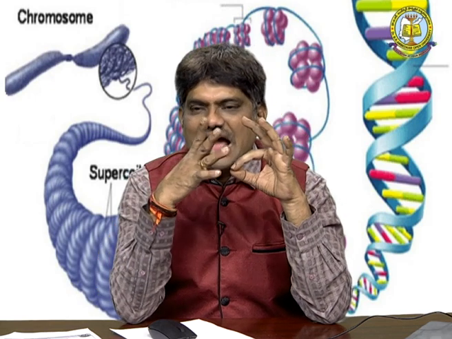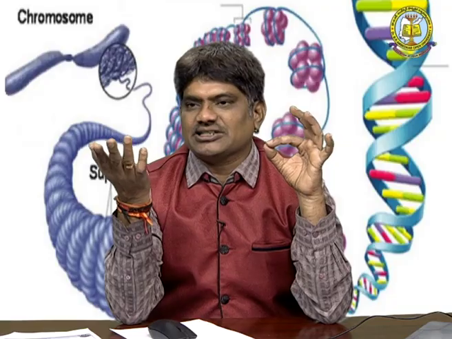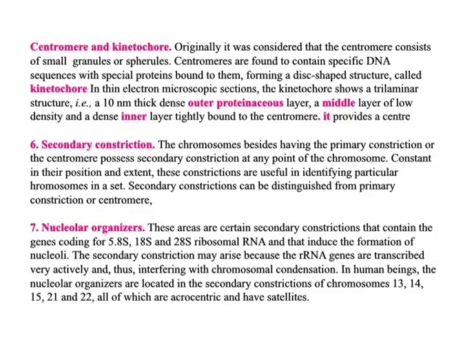It has an inactive chromosome part and is also called the nucleolar organizer. This nucleolar organizer has the 5.8S, 18S and 28S ribosomal RNA genes. Very little DNA is present, and this nucleolar organizer is present only in chromosomes 13, 14 and 21.